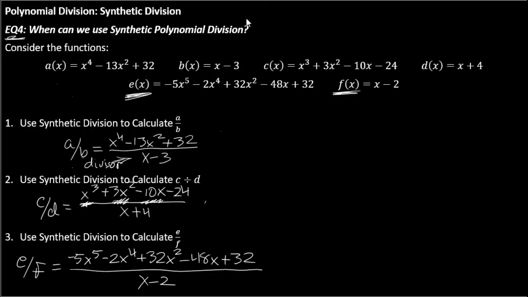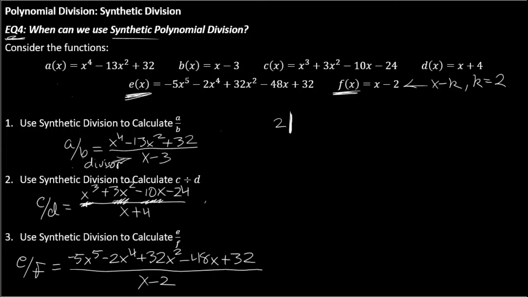Okay, so the x minus 2, that's in the form x minus k, so that means we can use synthetic division. And k is equal to positive 2. So we're going to say 2 and our bar, then we start writing our coefficients. Now you'll notice we went 5, 4, we're missing a 3, so we're going to have to use a 0 placeholder there to keep our place value in check.